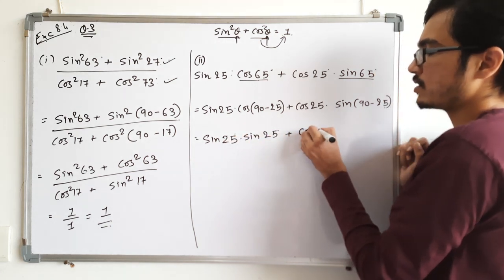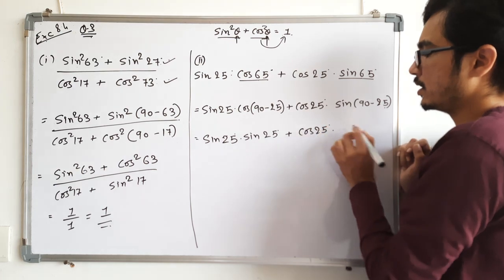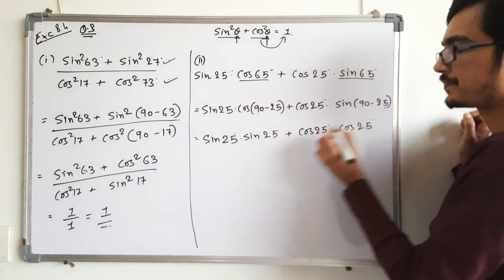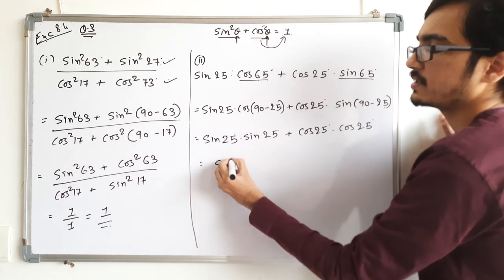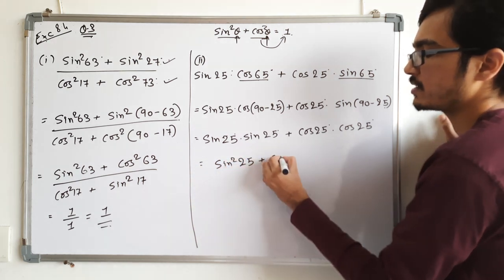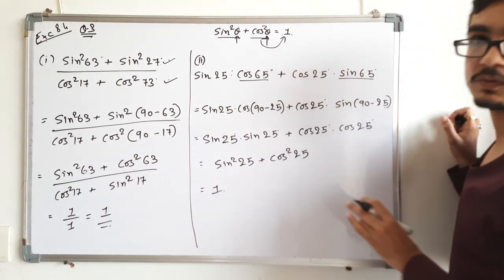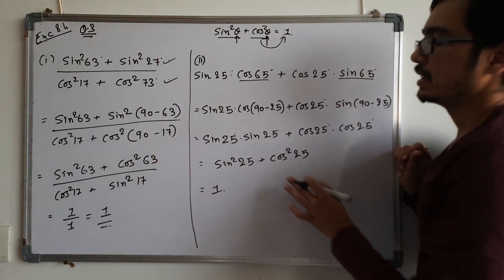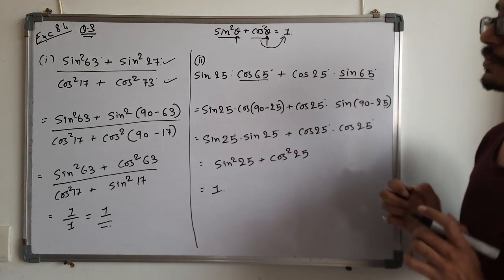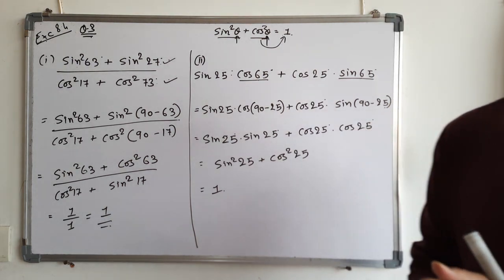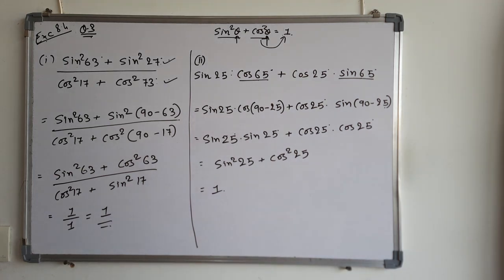Then plus cos 25, sine of 90 minus theta is cos theta. So this is sine square 25 plus cos square 25, and that is equals to 1. Okay. So write down these both questions, and then after we will proceed with question 4, that is MCQs.